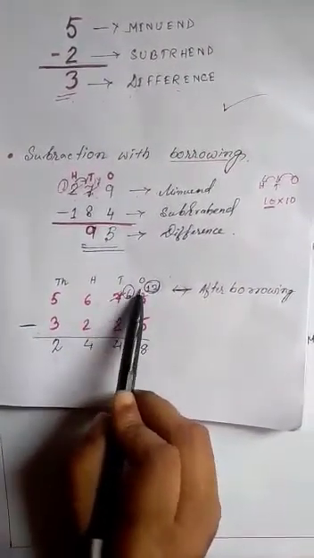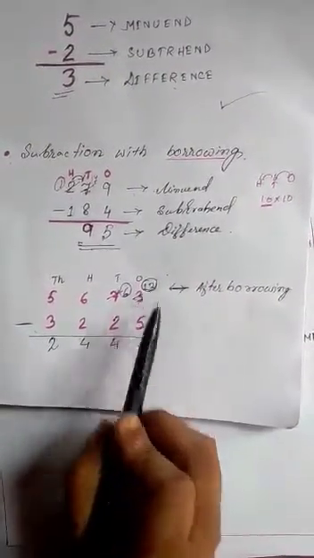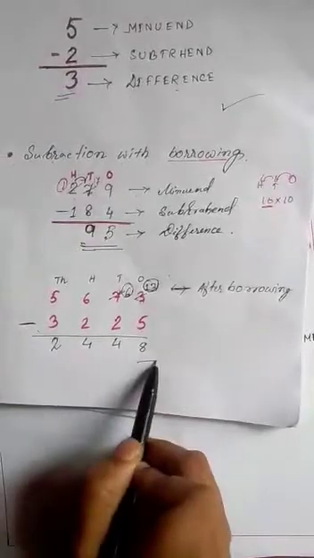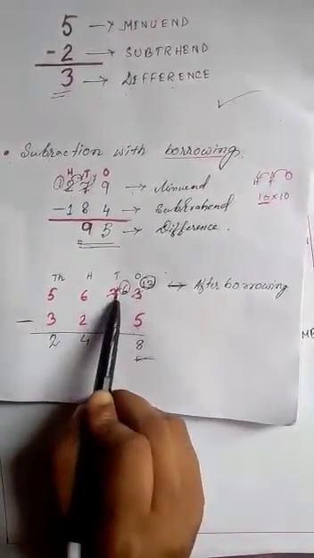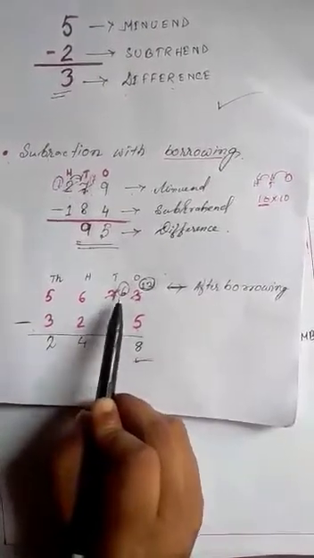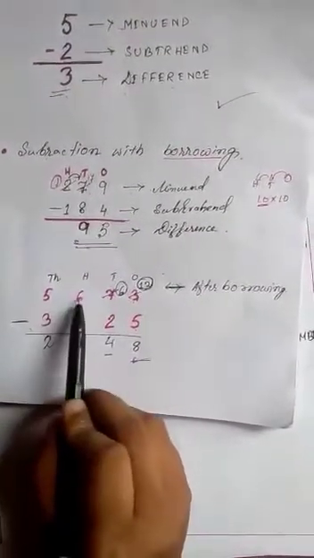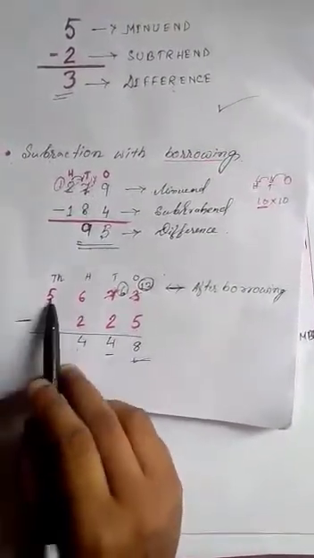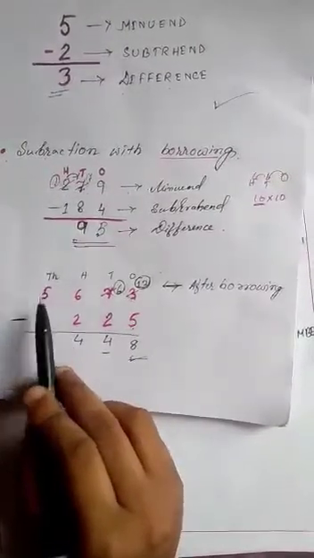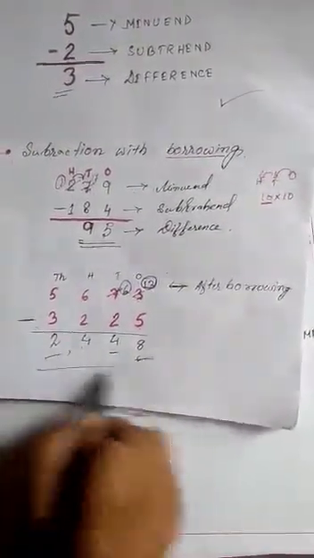So after borrowing it will be 13. 13 minus 5 will be 8, and here the 7 has now become 6. So 6 minus 2 will be 4, and there is also 6 minus 2, 4, and 5 in the thousands place, and 5 minus 3 will be 2. So this is our result.